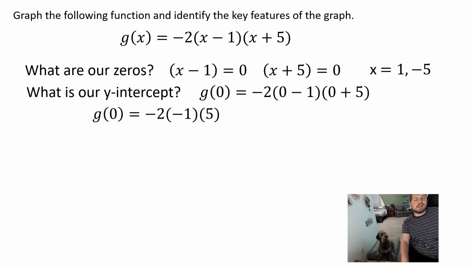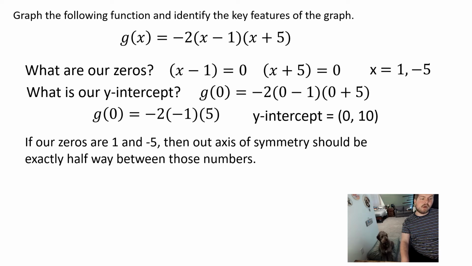So we get -2 times -1 times 5. So the -1 and the -2, the negatives cancel out, and then 2 times 1 is 2, and 2 times 5 is 10. So our y-intercept is at (0, 10).